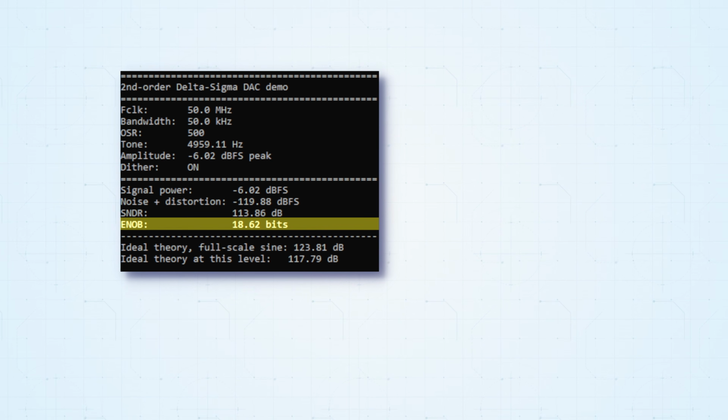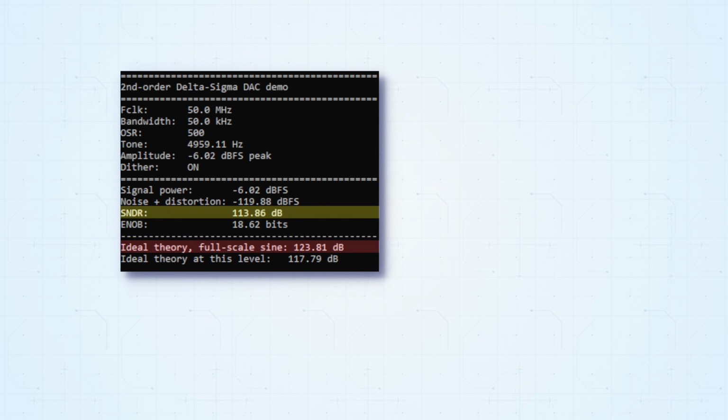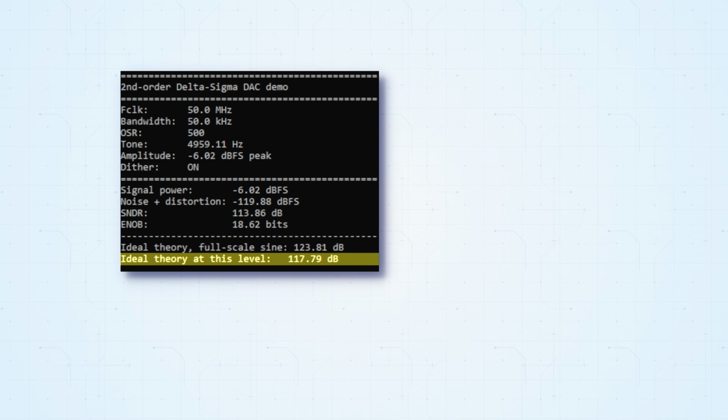You might immediately notice a slight discrepancy here. Why did we only achieve 113.8 decibels when our theoretical limit was calculated at nearly 124? That actually makes sense. First of all, we intentionally reduced the input amplitude to guarantee system stability, which immediately drops the theoretical ceiling to 117.8 decibels.